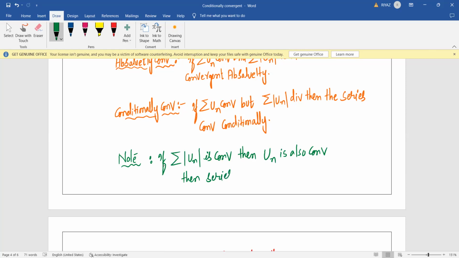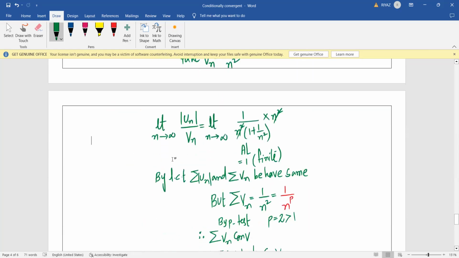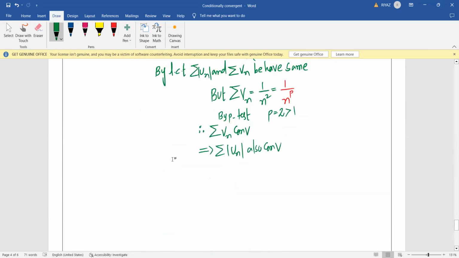If you get divergent, then only we have to go for another case. In the first step only, if mod un is convergent, then no need to check. Understood? This is a note to understand that point. We already proved summation mod un is convergent. So we proved that he is in engineering, which means he already passed 10th class.